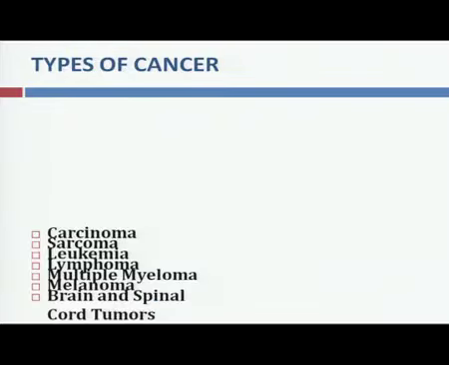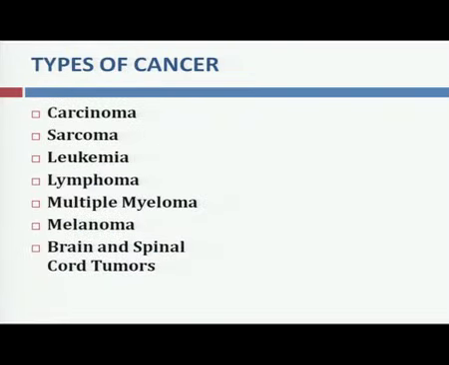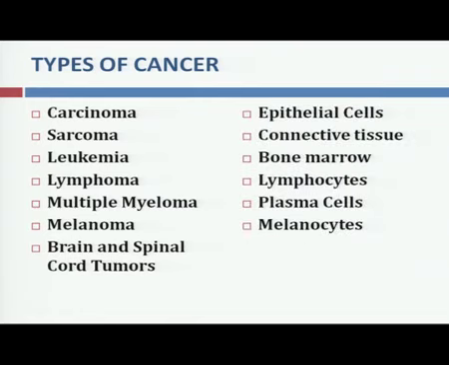Let us have a look at the types of cancers. There are different types of cancers and they are named according to the cells from which they originated initially. For example, carcinomas are the cancer of the epithelial cells of any tissue in the body.